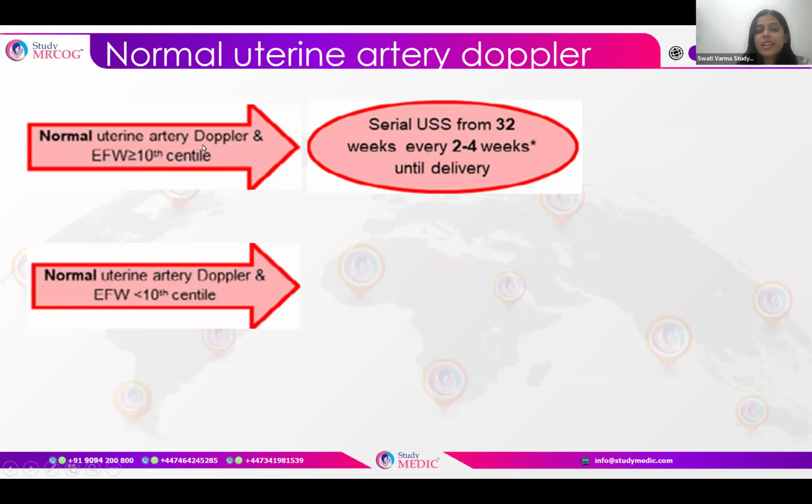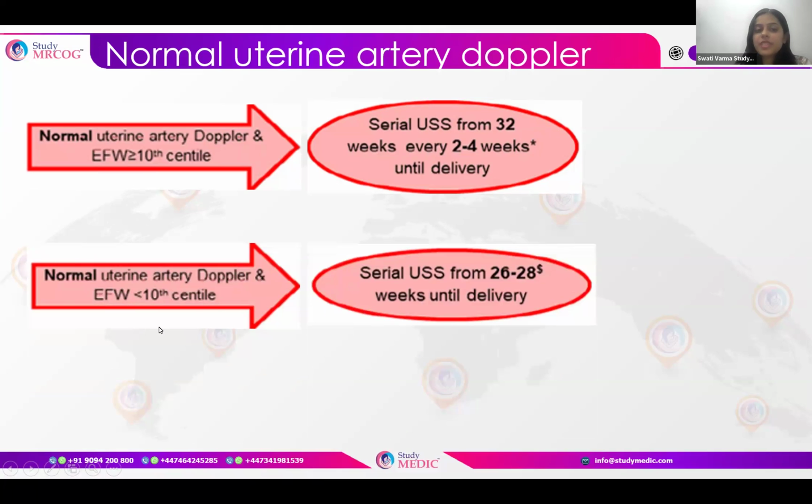If uterine artery Doppler is normal, but fetal weight is less, meaning the fetus is small but uterine artery Doppler is okay, then instead of 32 weeks, you have to do serial ultrasound scanning from 26 to 28 weeks until delivery. Here you have to individualize at what intervals you will call her.